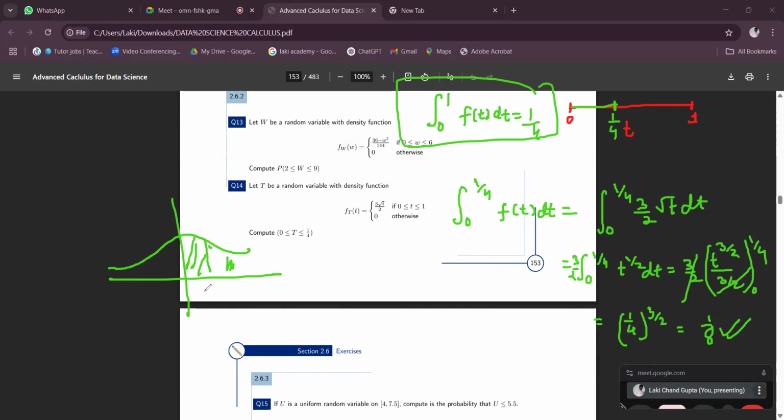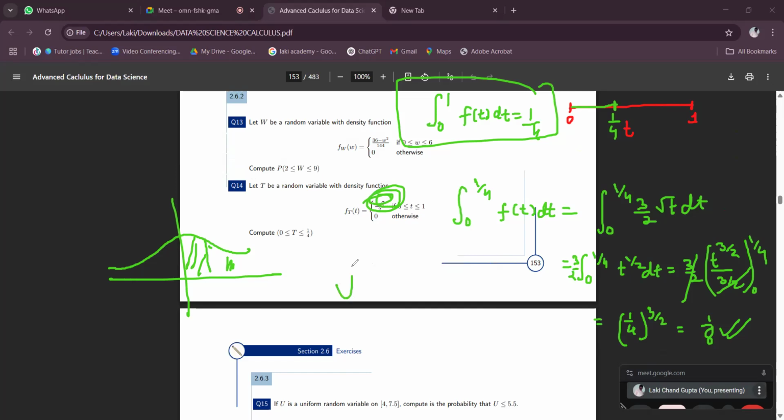Now don't get confused: if the probability from 0 to 1 is 1, it is not necessary that from 0 to 1 over 4 is 1 over 4, because it depends on the function.